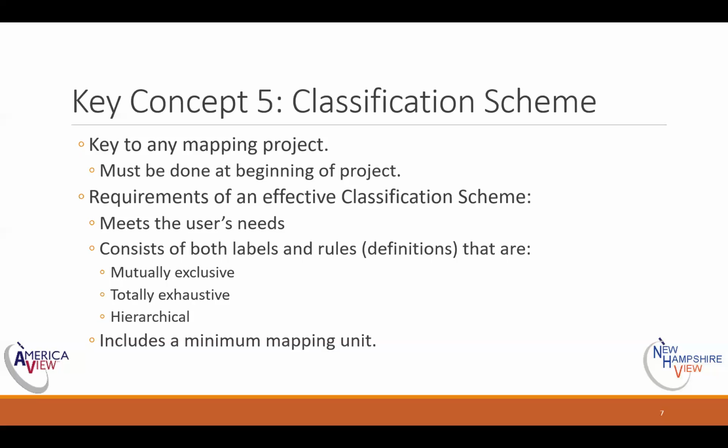However, if half your map comes out other, then you haven't done a really good job with your classification scheme. Okay. Lastly, we're talking about hierarchical. Hierarchical is different levels of detail. So you start with very general classes and you define them more and more specifically.